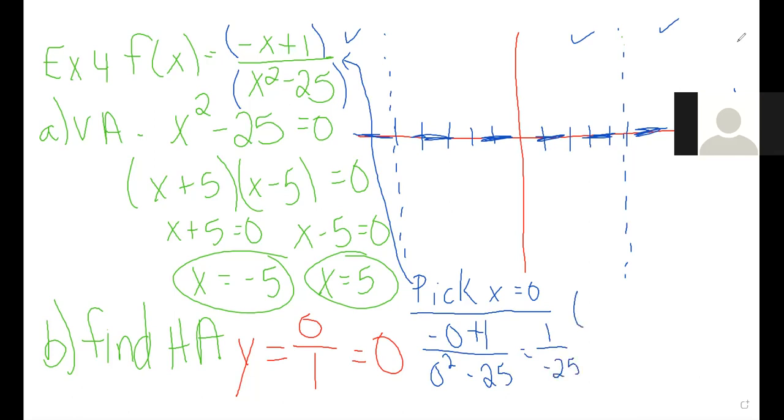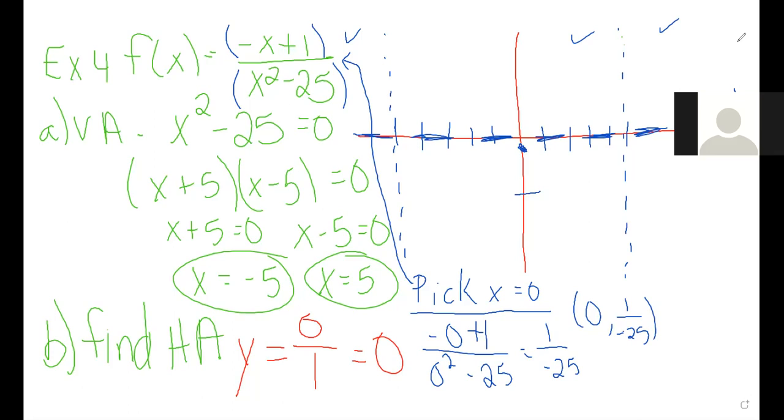And so what that means is I've got this point 0, 1 over -25, which is really, really close to 0. So it's just right under there. It almost should be right on that origin. So I've got a point right there.